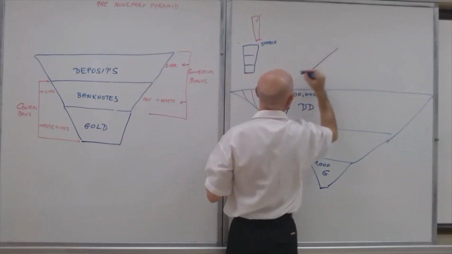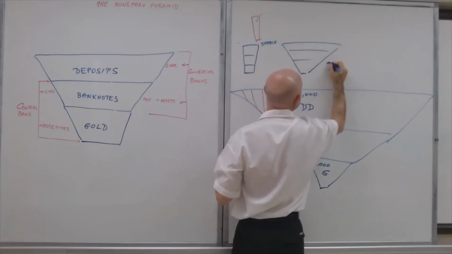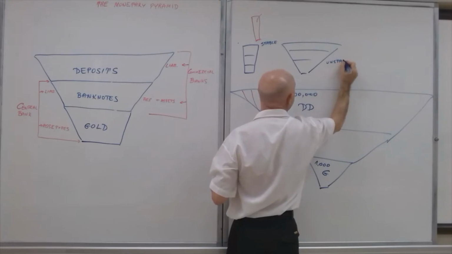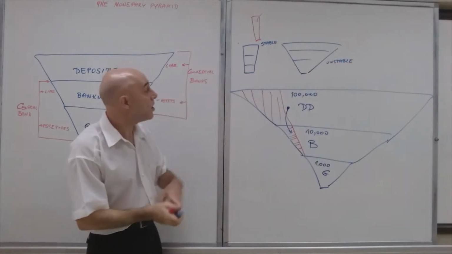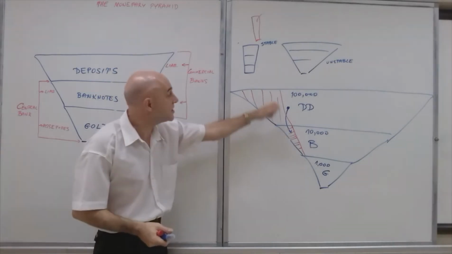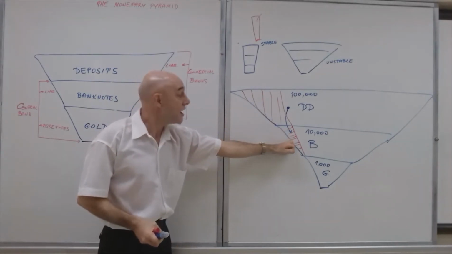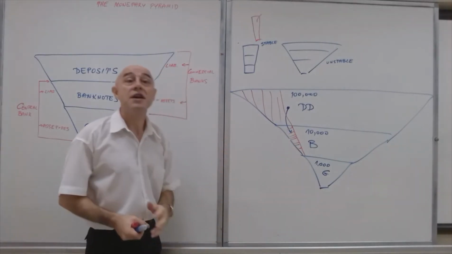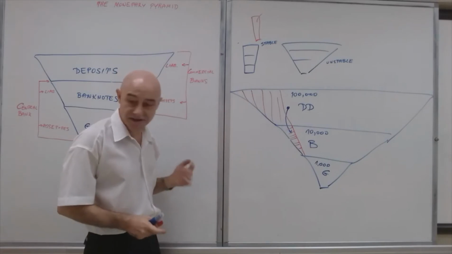This type of pyramid is unstable. Okay. So, basically what happens is, you just take a little bit of money out, okay, and this is the result.